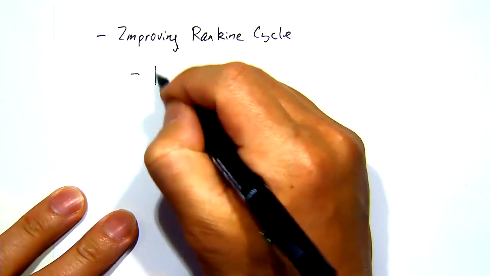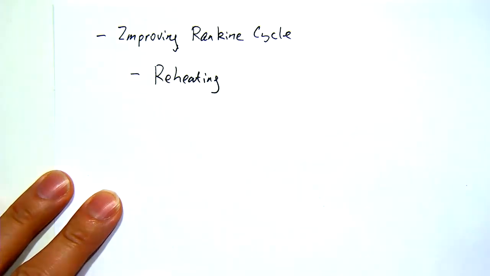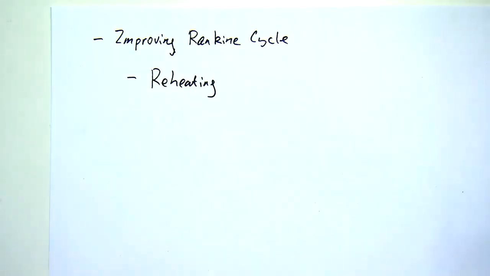discussed is called reheating. And this process, if you're looking at the TS diagram, is similar to a spike on the power section of that cycle.